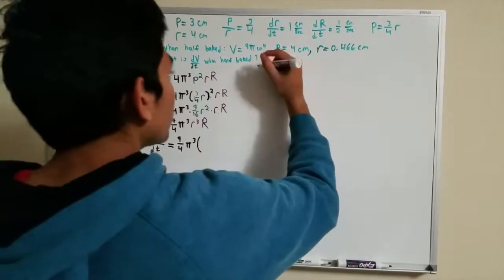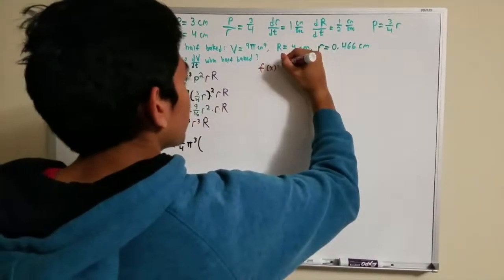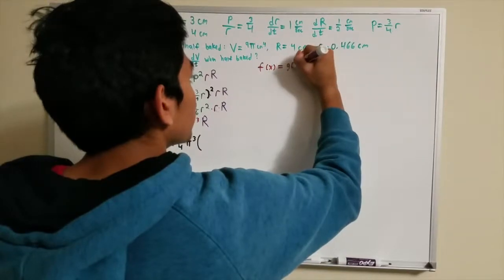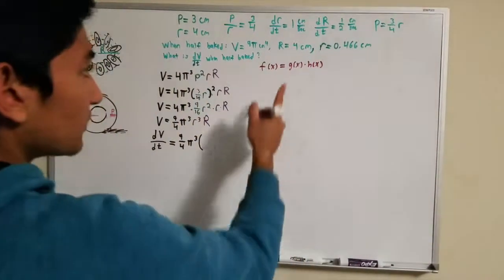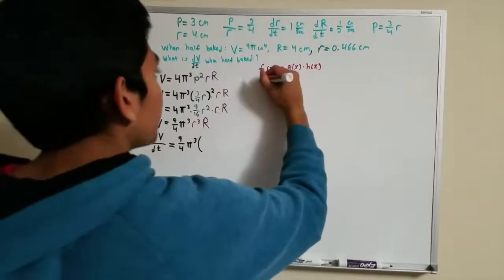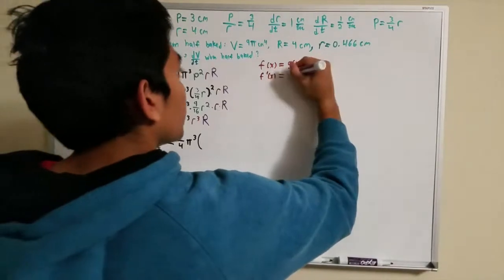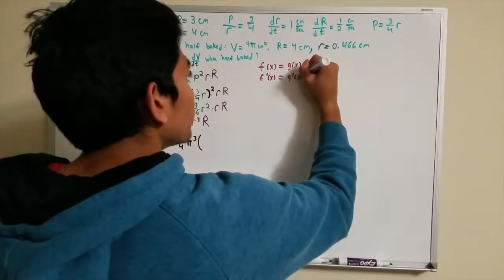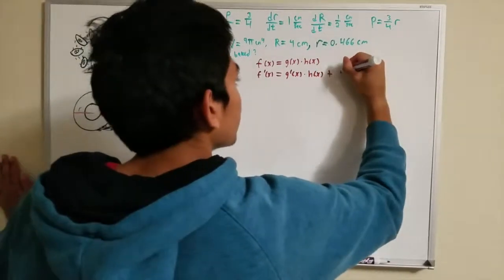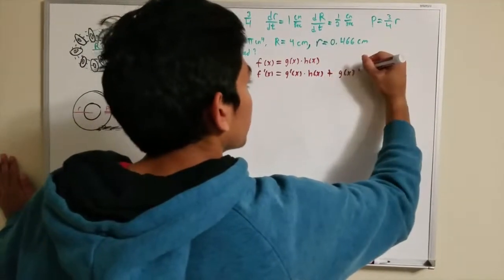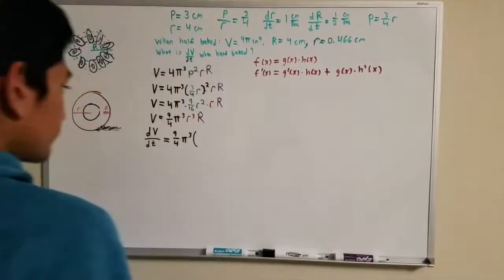The product rule says that if f of x equals two terms multiplied with each other, we'll call them g of x and h of x, then the derivative of f of x is equal to the derivative of g of x times h of x, plus g of x times the derivative of h of x.